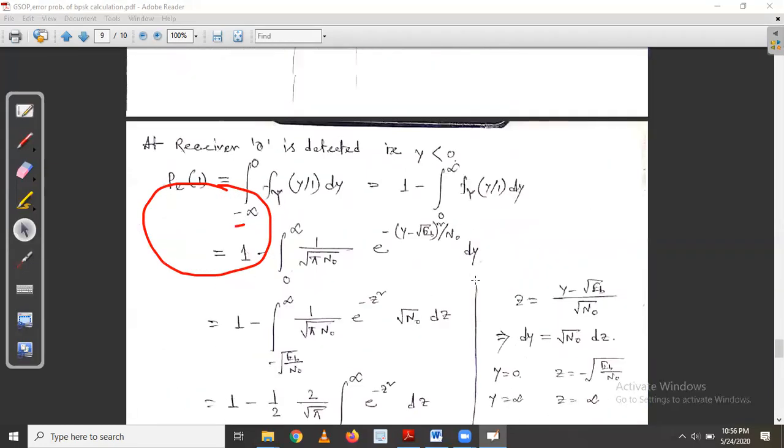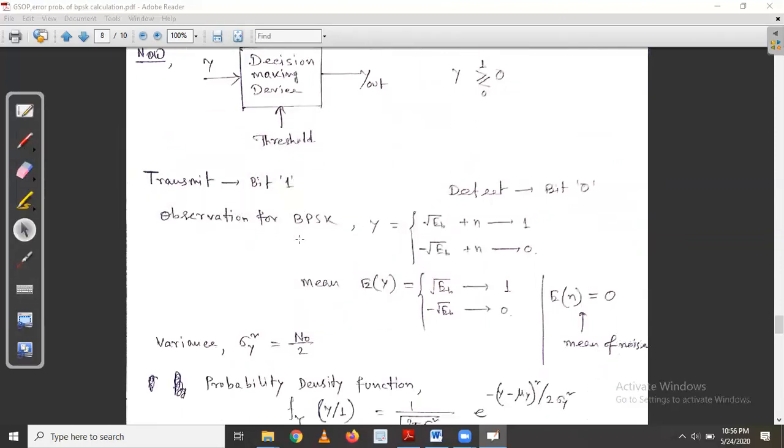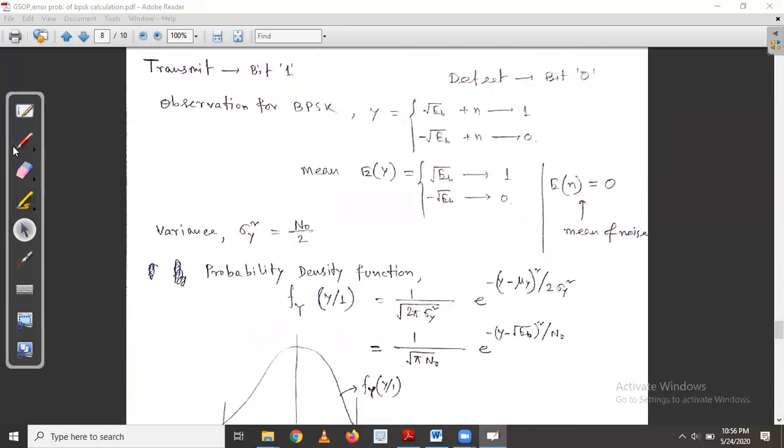Before that, we will discuss, suppose for an example we have taken that if the transmit bit is 1 and detected bit is 0, then what is the probability of error?